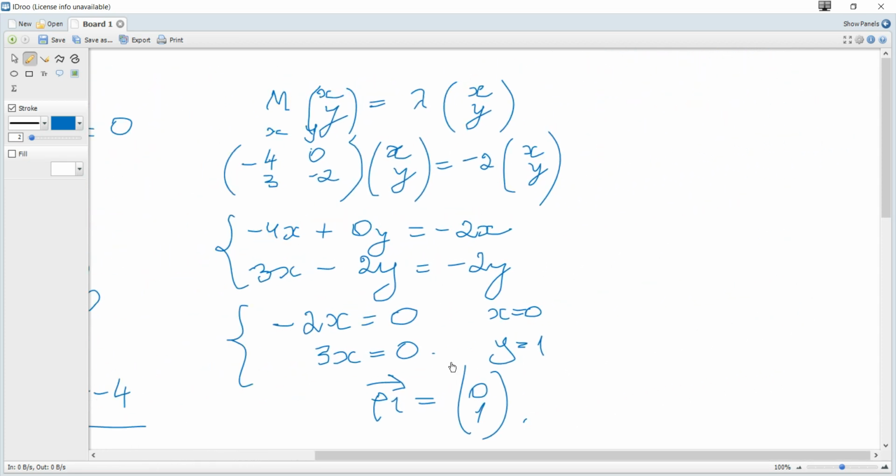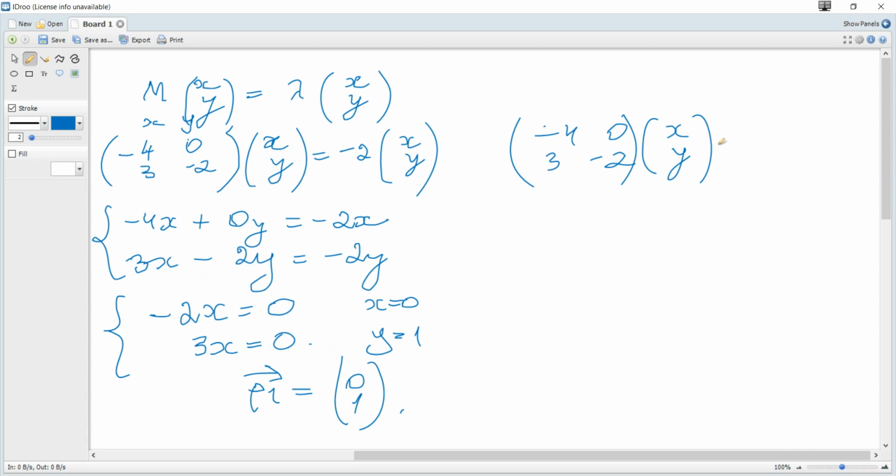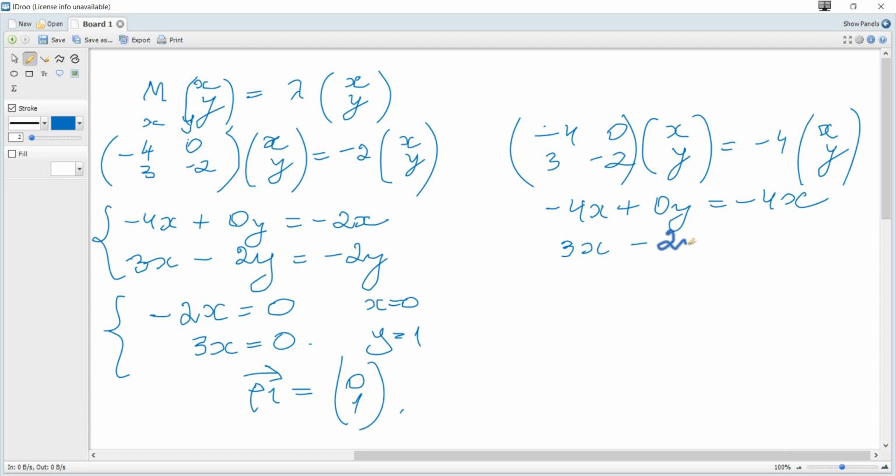And consider the other eigenvalue. It becomes negative 4, 0, 3, negative 2 times x, y is equal to negative 4 times x, y. It becomes negative 4x plus 0y is negative 4x, and 3x minus 2y is negative 4y.